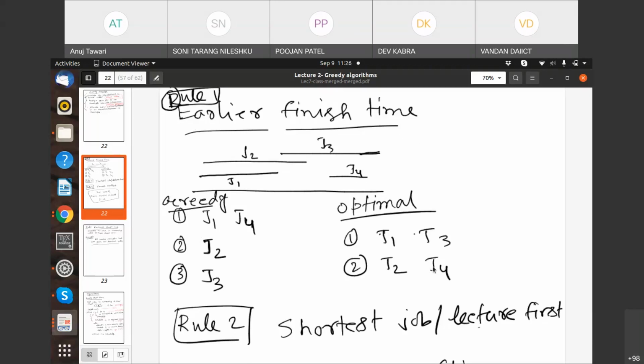The main challenge in greedy algorithms is not to devise the particular algorithm, but coming up with a good greedy strategy and then proving the correctness, whether your algorithm is indeed correct. So why is the earliest start time going to work?